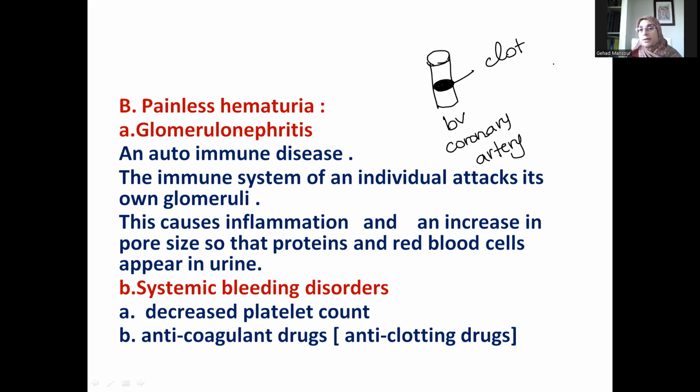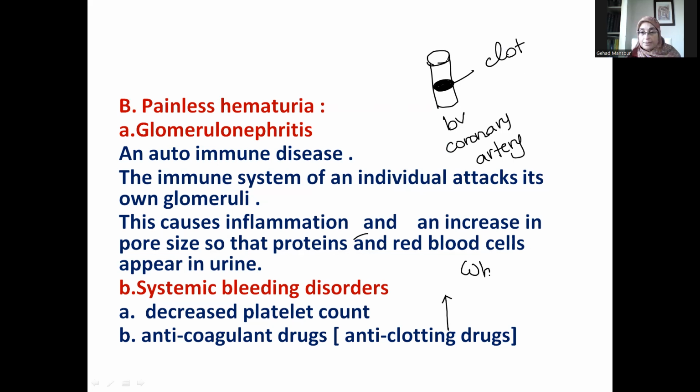So in such a case, in order to maintain the recovery of the patient, I will give him or her a medication to prevent clotting, which is an anti-clotting drug. Of course, usually the medical doctor prescribes the anti-clotting drug in a dose that does not have risky side effects.